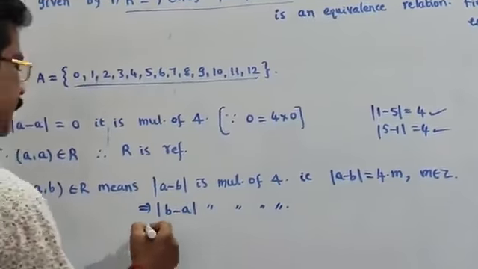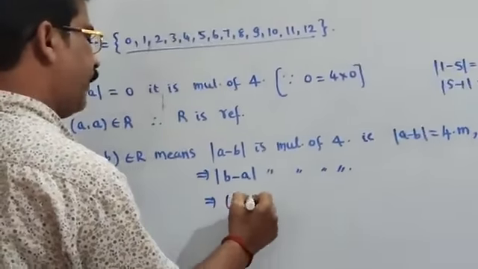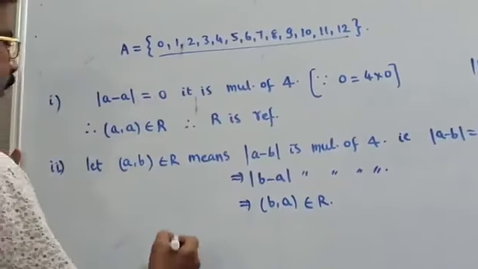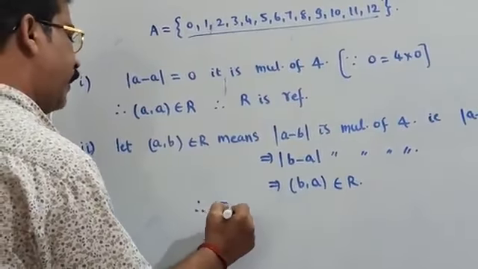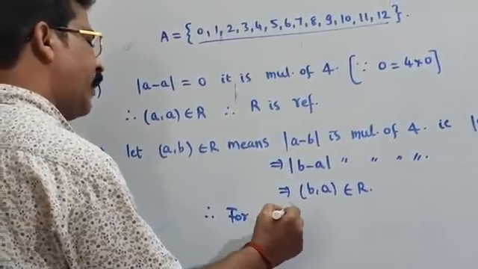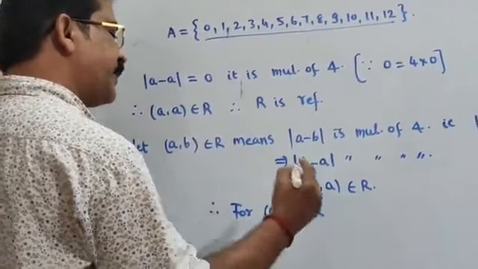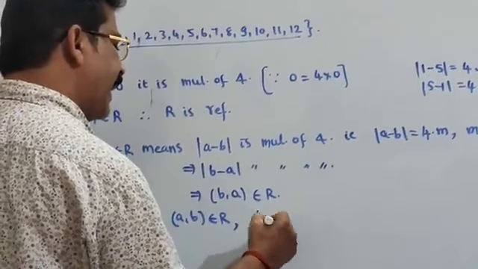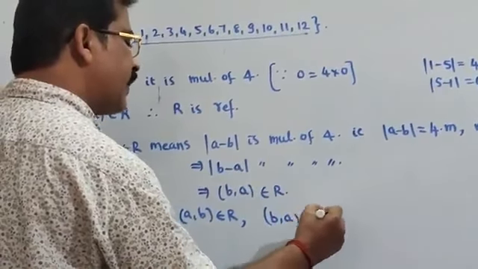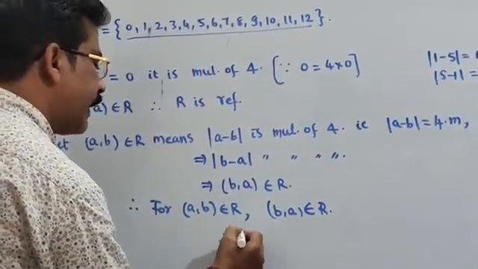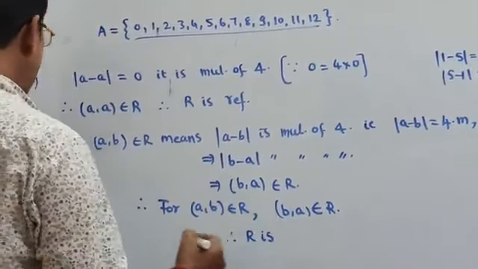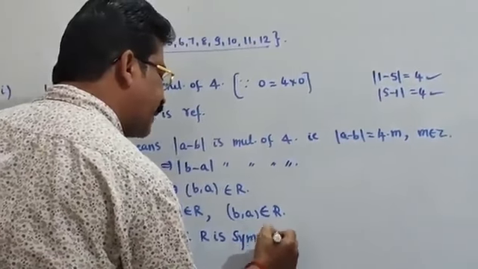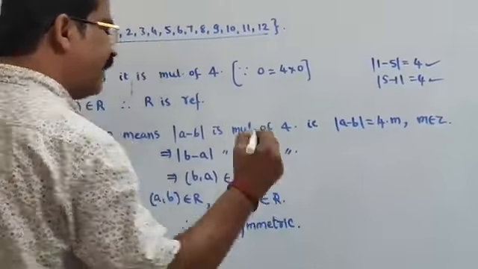So that implies the ordered pair (b, a) also belongs to capital R. Therefore, for (a, b) belonging to capital R, (b, a) also belongs to capital R. Therefore, capital R is symmetric.